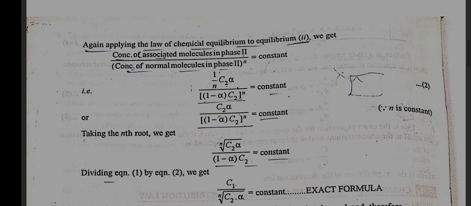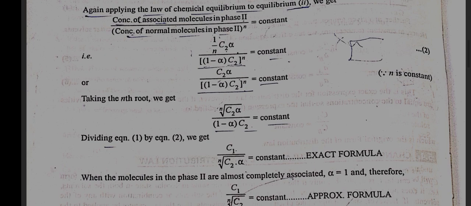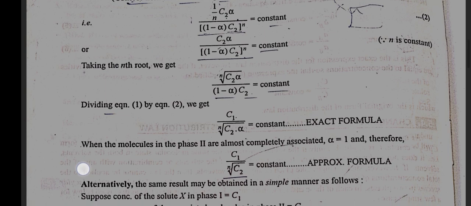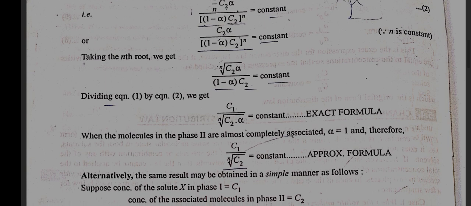C2 alpha divided by 1 minus alpha C2 raised to power n is equal to constant, where n is a constant. Taking the nth root, we get nth root of C2 alpha by 1 minus alpha C2 equal to constant. Dividing equation 1 by 2, we get C1 by nth root of C2 into alpha is equal to constant.